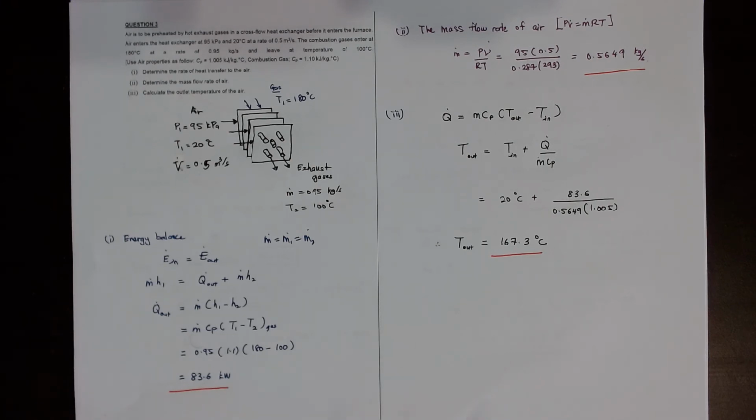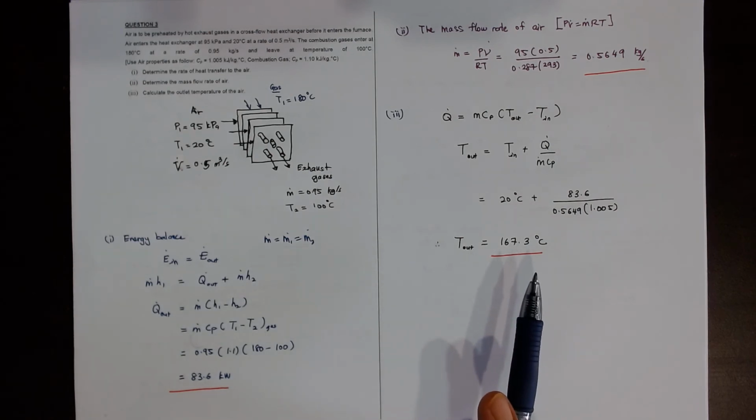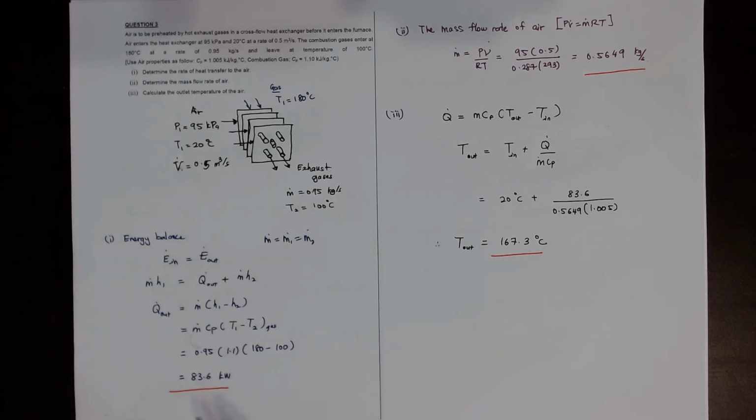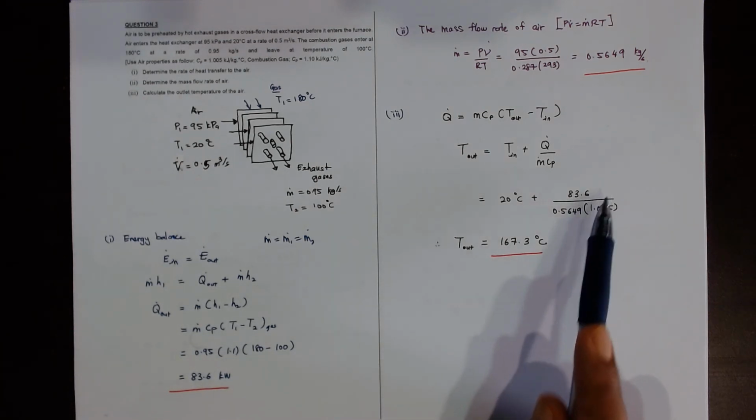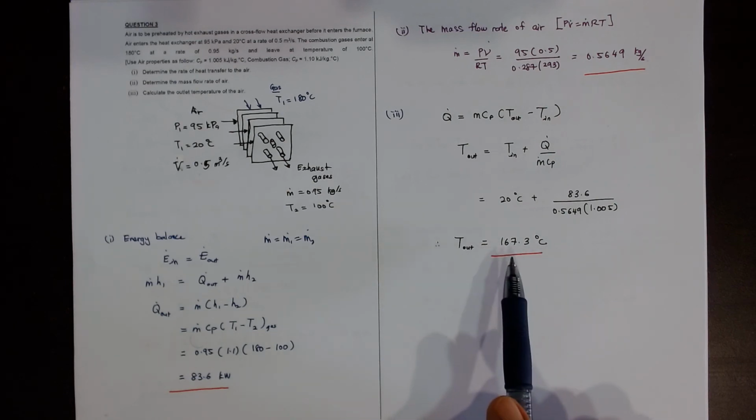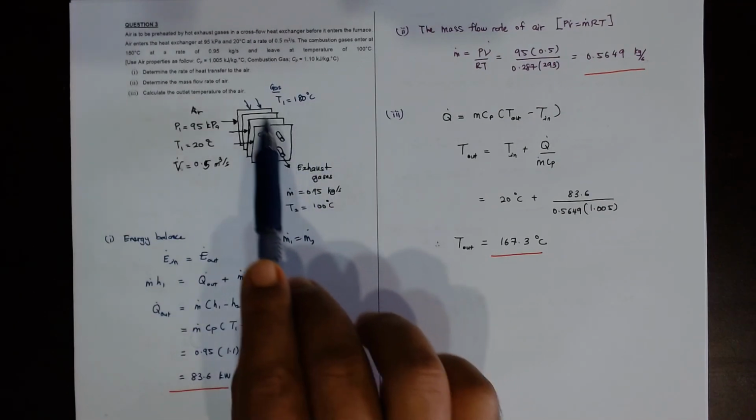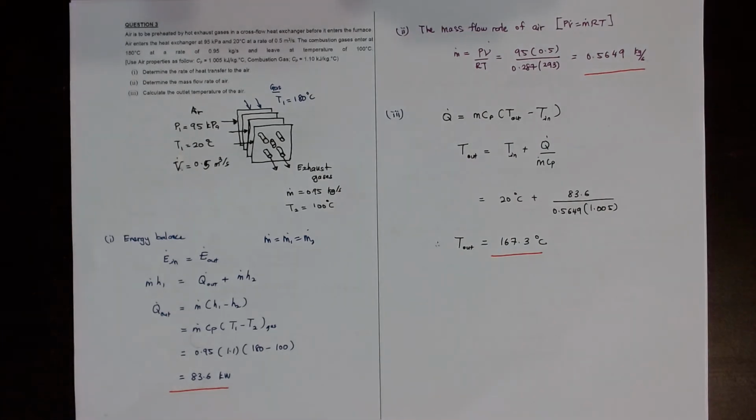If the temperature is too high, say 1000 something, you can tell you found some error, such as 83.6 times 10 to the power of 3 watts, giving a very high value. The logical check is that it should be within the range. That is one way we check the answer that we write in the exam question.